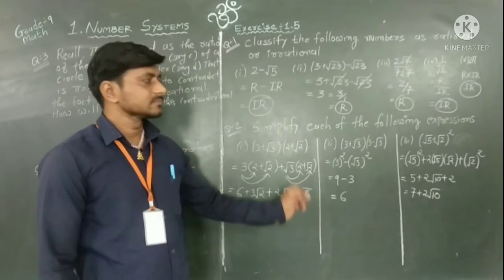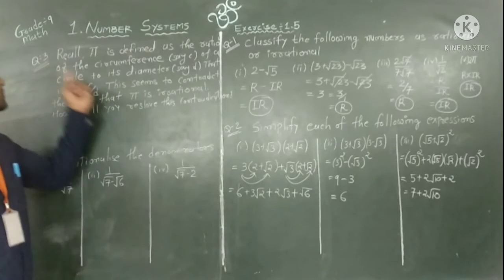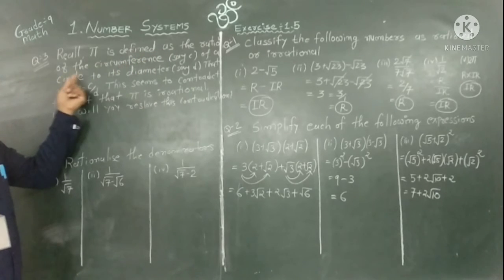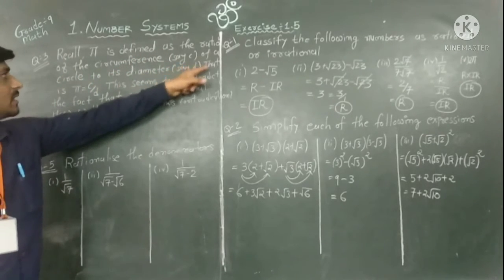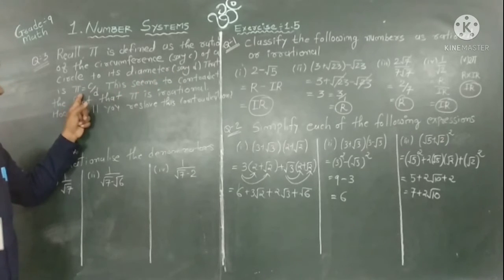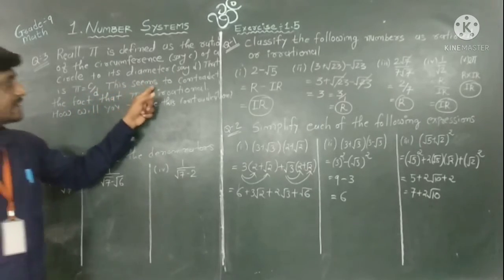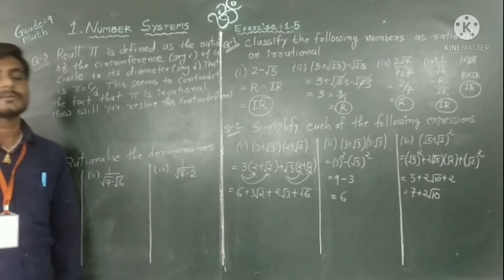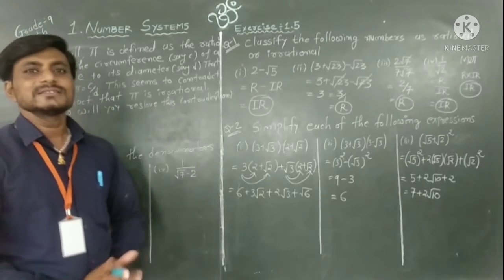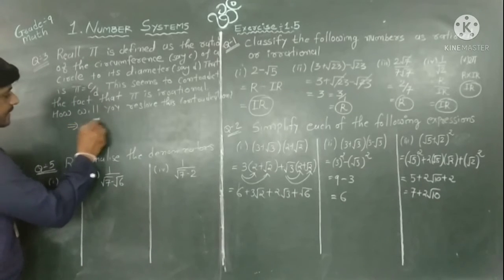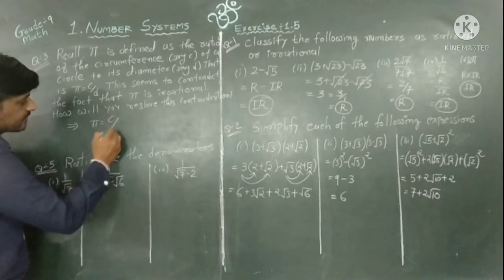Got it? Okay, now look, what is question number 3. Recall pi is defined as the ratio of the circumference, say C, of a circle to its diameter, say D, that is pi is equal to C by D. This seems to contradict the fact that pi is irrational. How will you resolve this contradiction? Here they ask us, pi is irrational, how? As we know, what is pi? Pi is a ratio between circumference and diameter.